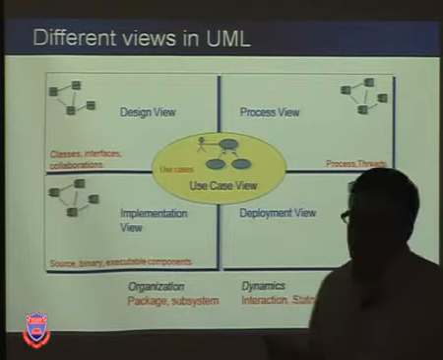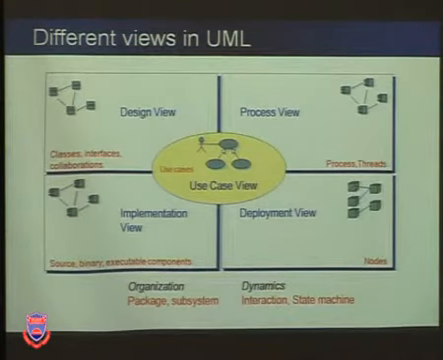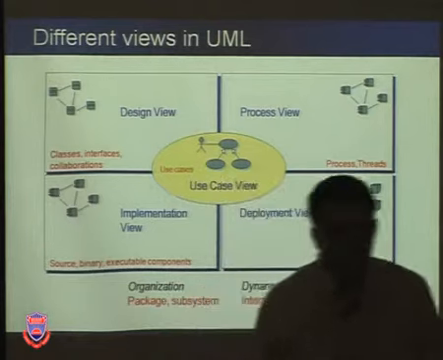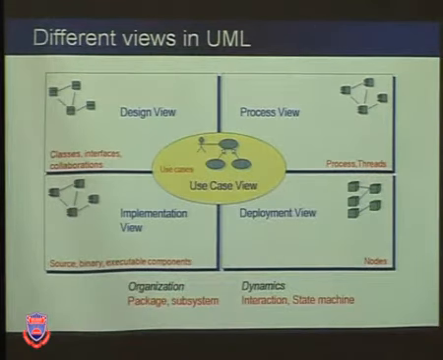As we have seen, this was before called the scenario view in Kruchten's work, but it is now adopted in UML. The same motivation applies: to depict a different view of the system to different stakeholders. It is not easy to map all these concerns in one view, so we apply separation of concerns.